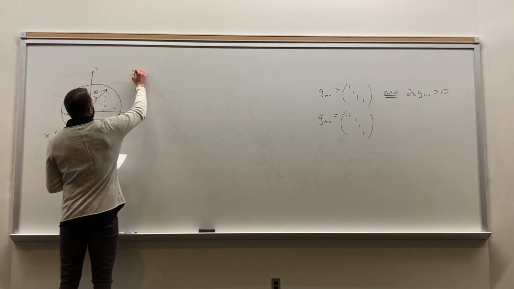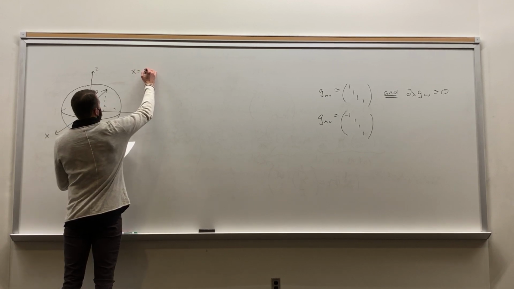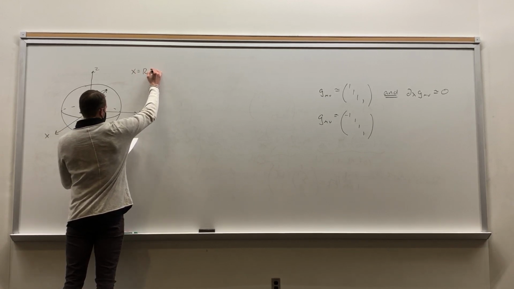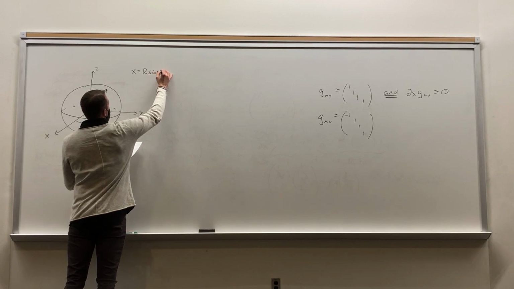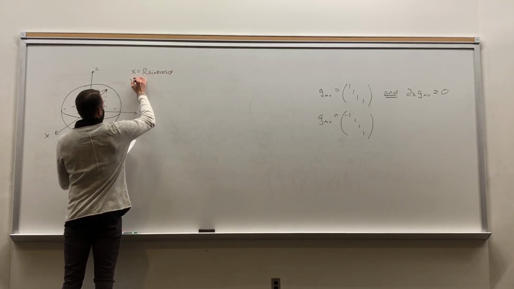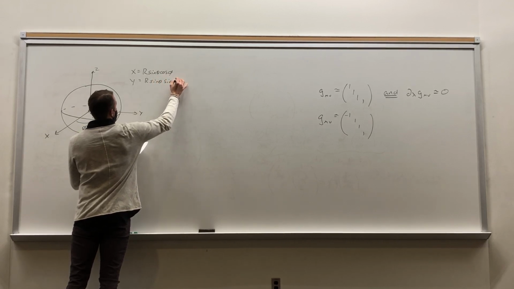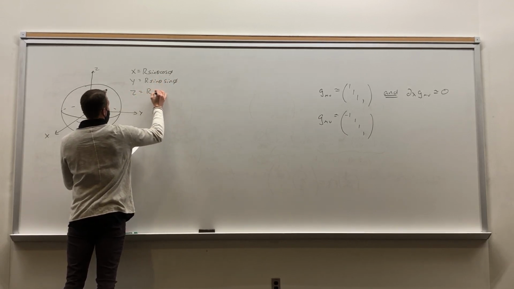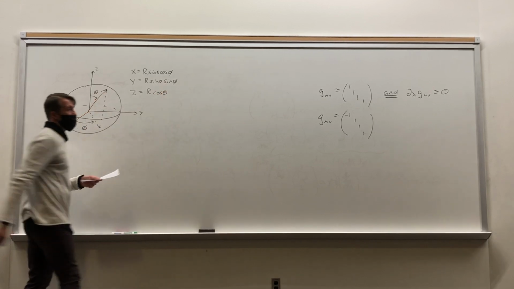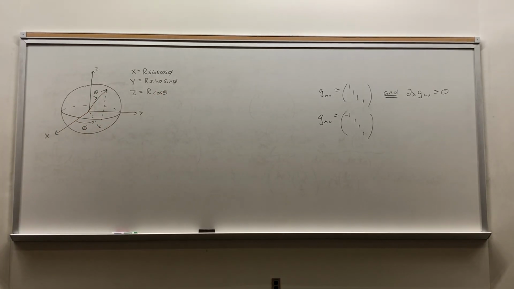So first of all, we can always relate the x position as r sine theta cosine phi. The y position is r sine theta sine phi. And of course the z position is just r cosine theta. So these are the x, y, z coordinates for points on the surface of this sphere.